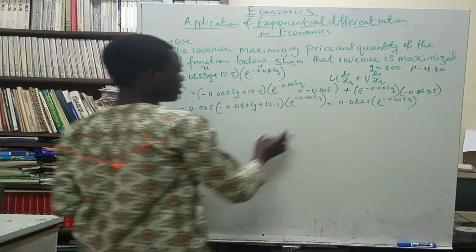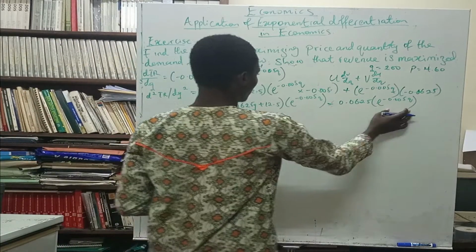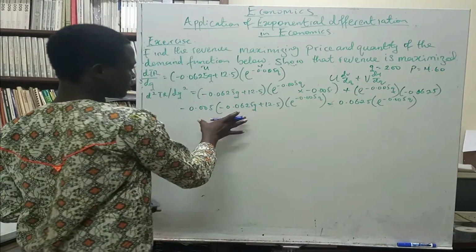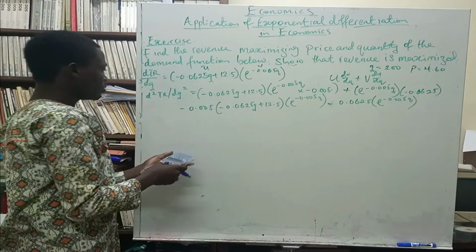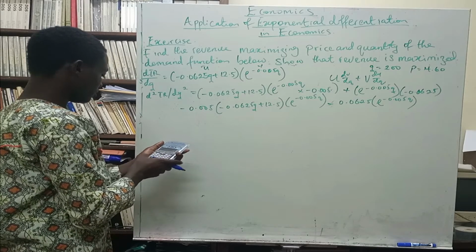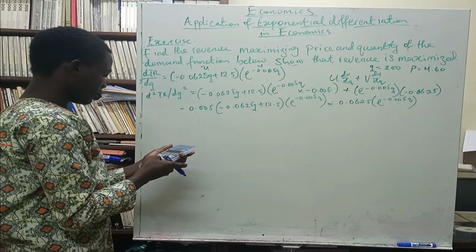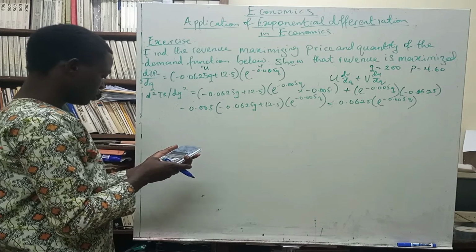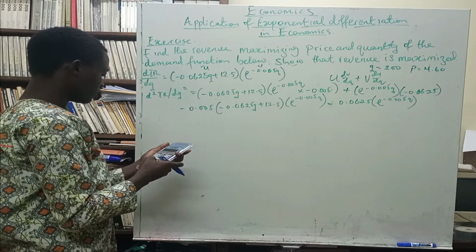Okay, so we can see that this is common, so you can just take the coefficients away, but first we have to multiply what is here. So minus 0.005 multiplied by minus 0.0625, I hope I'm not wrong.